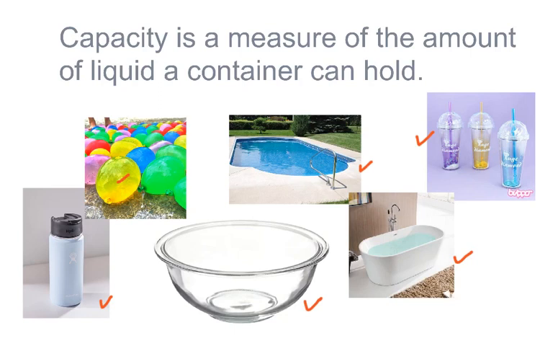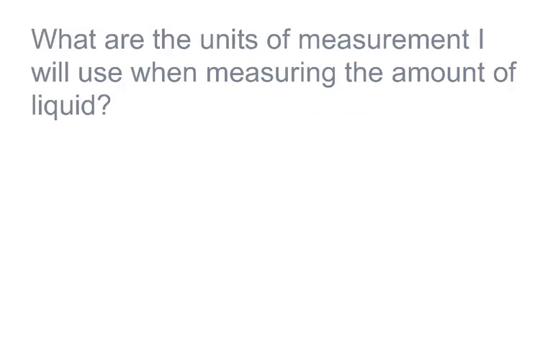Because when you measure the liquid in these containers, you're not going to use the same unit to describe how much liquid is inside. The next question is asking, what are the units of measurements that I will use when measuring the amount of liquid? So yesterday you were talking about measuring length, and you used words like inches and feet and yards.